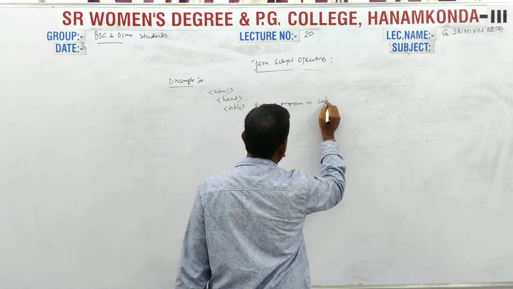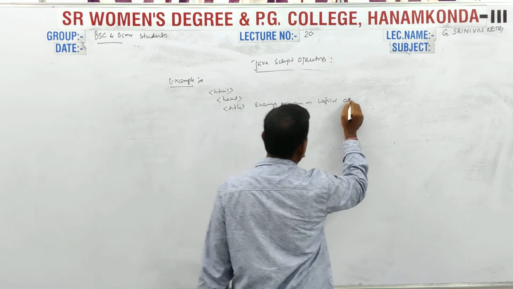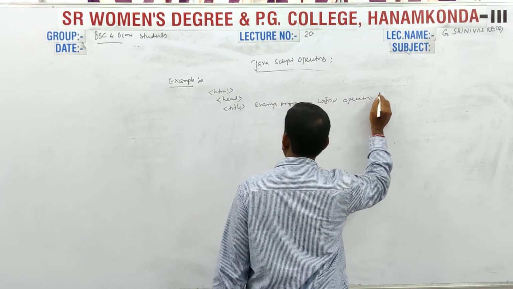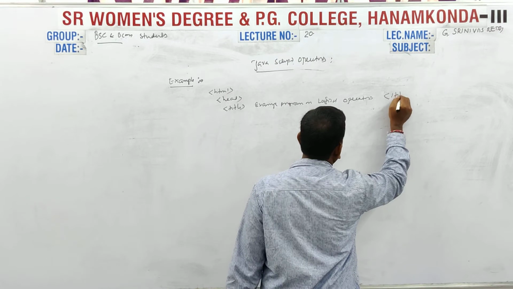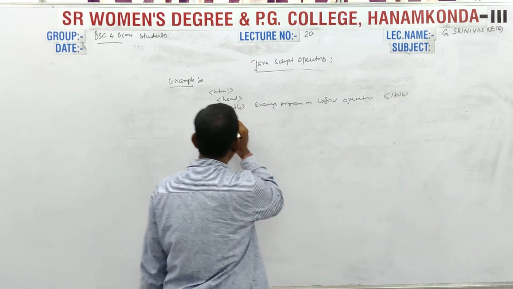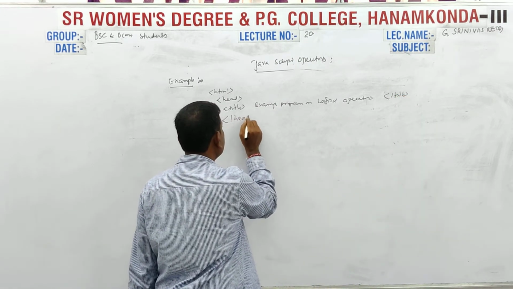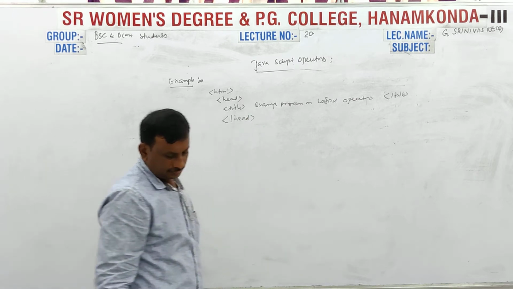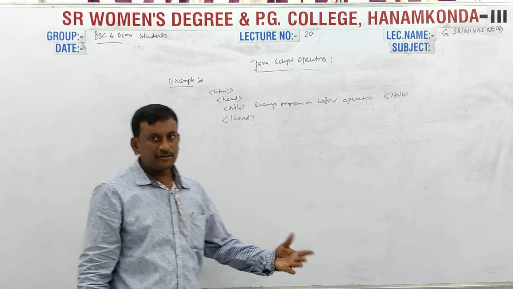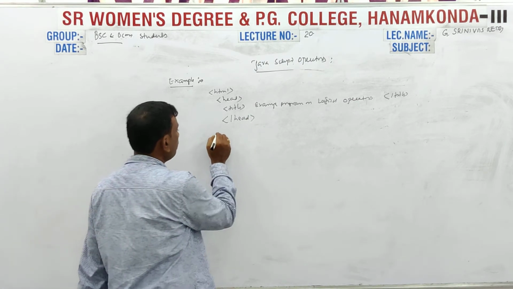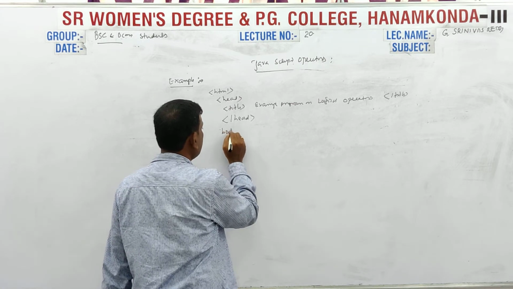Example program on logical operators. Headers. Just directly write the script tag, angle bracket equal to body.